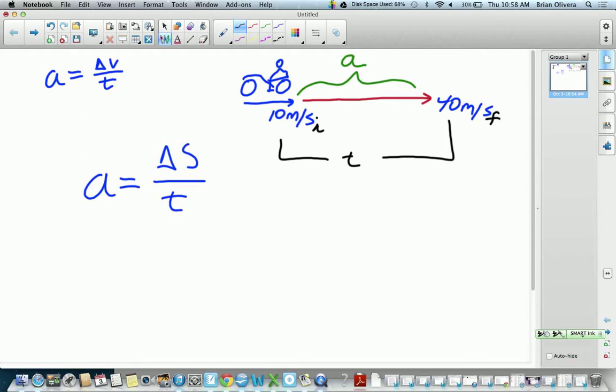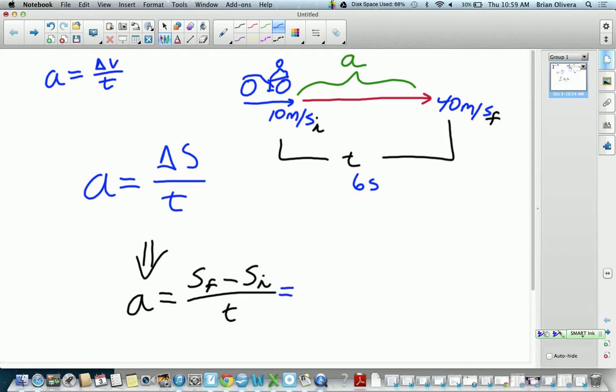This would make our equation: acceleration equals our final speed minus our initial speed divided by our time. So let's say it took this bicyclist 6 seconds to go from 10 meters per second to 40 meters per second. Well, our final speed in this is 40 meters per second.